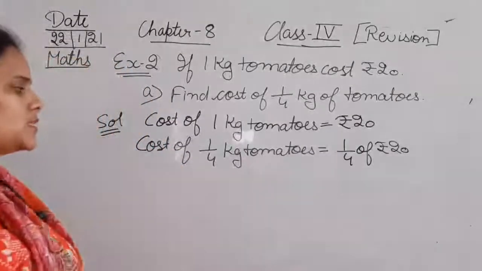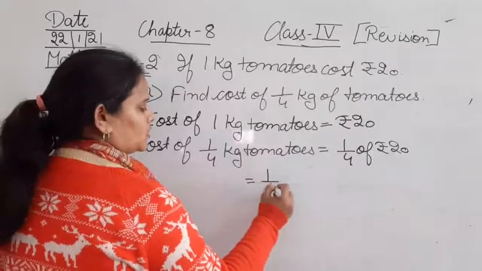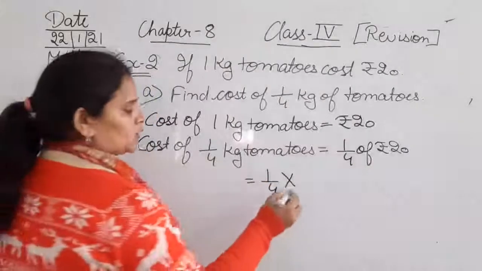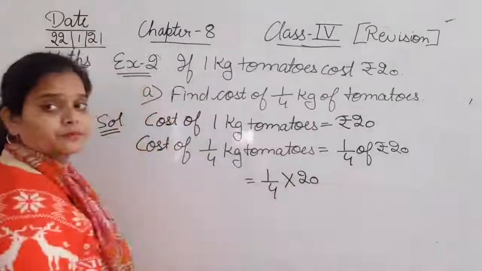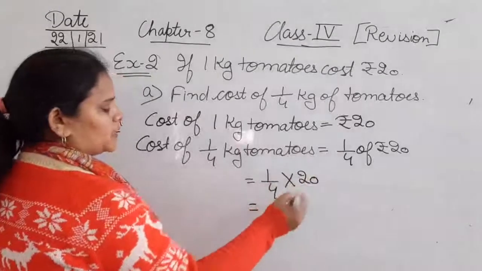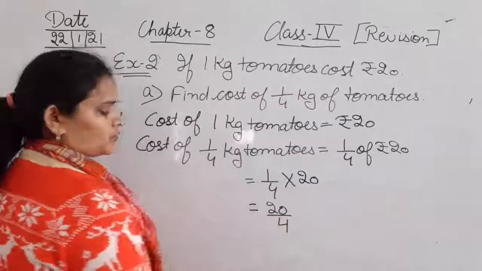Okay, as it is, that is 1/4 will be same, of will be changed into the sign of multiplication. ₹20, that is 20. Okay, so 1 multiplied by 20, numerator is multiplying, that is 20, and denominator is 4.